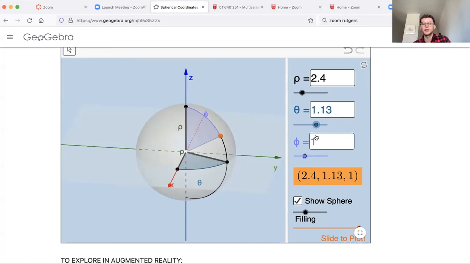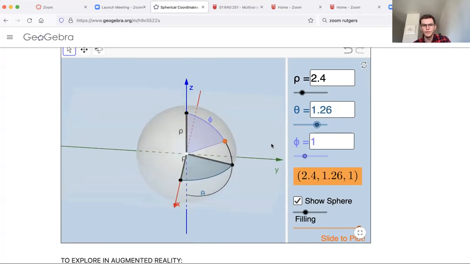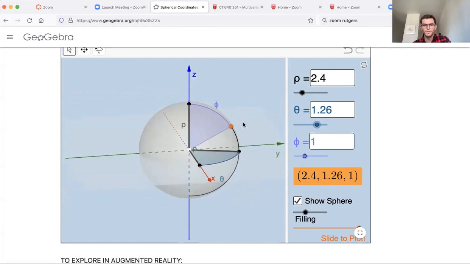And then the one that's truly new is this angle phi, which you see here. That's an angle that starts at the North Pole. It's the summation of circles.